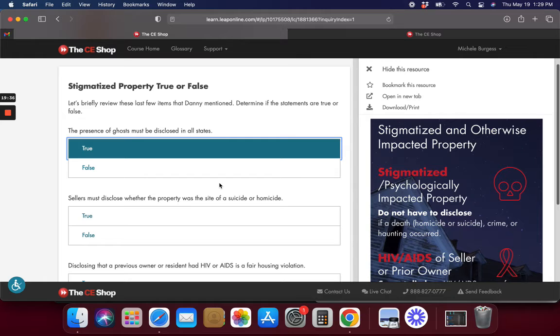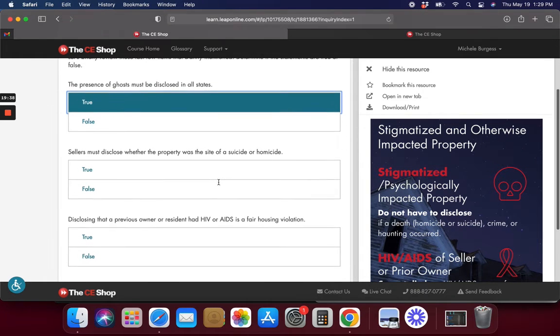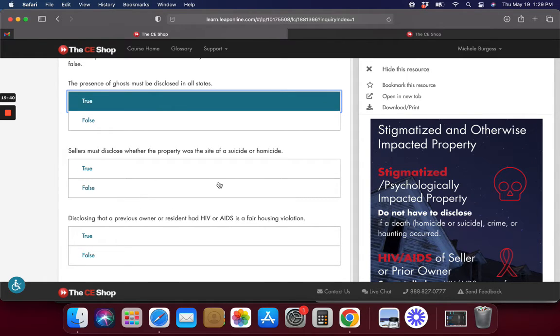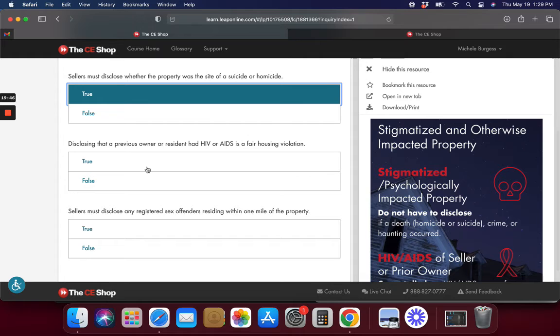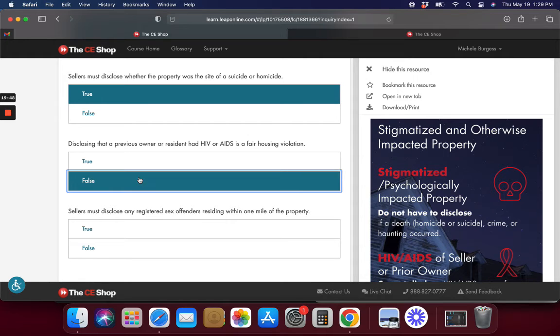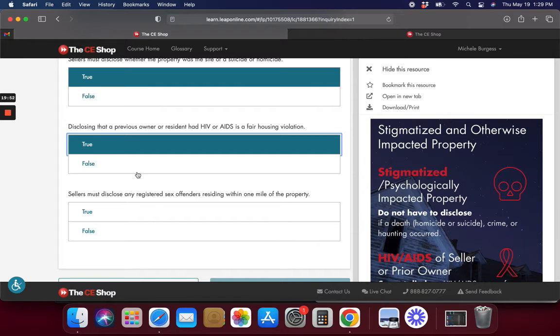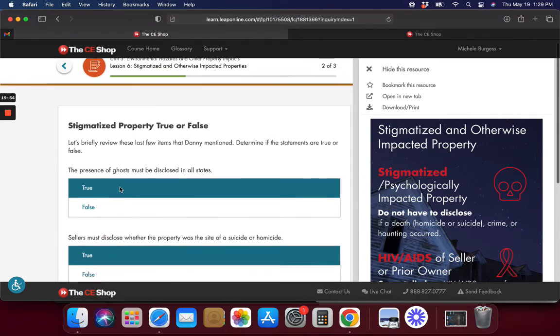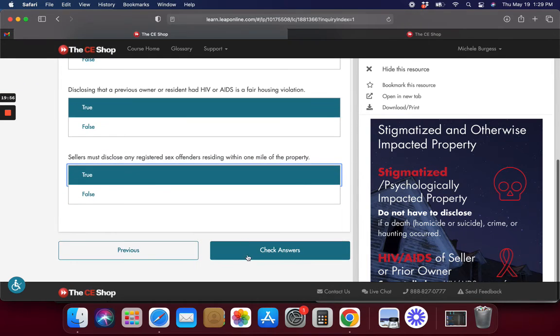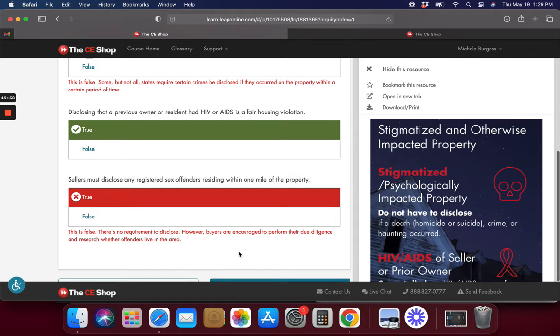Presence of ghosts. All right, the sellers must disclose whether the property, I don't know about ghosts, I don't know. But suicide, homicide, yes, disclosing. The sellers must disclose registered sex offenders. I don't know about the ghost thing. Let's check it out. This is false. There is no requirement to disclose sex offenders.